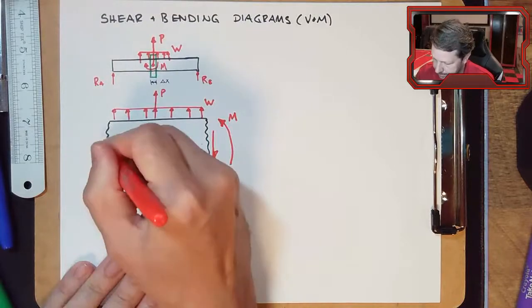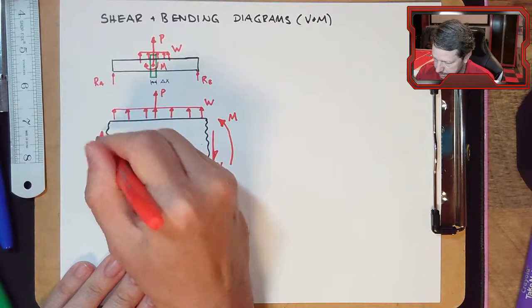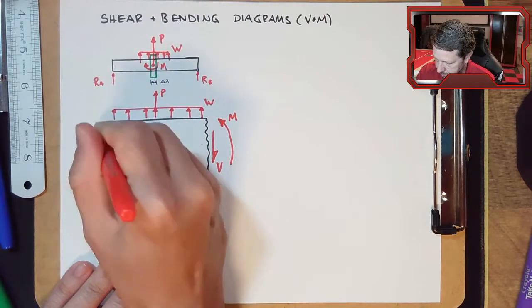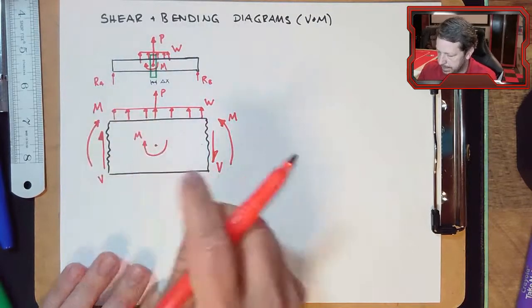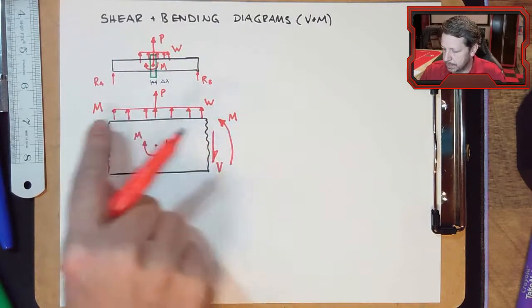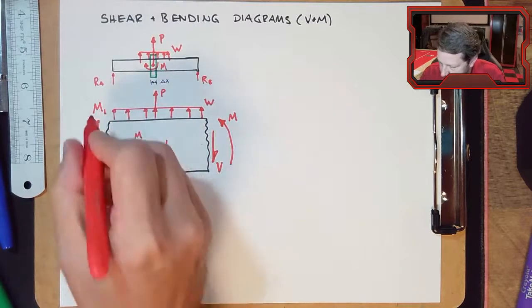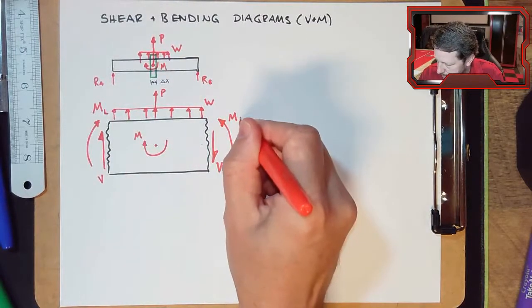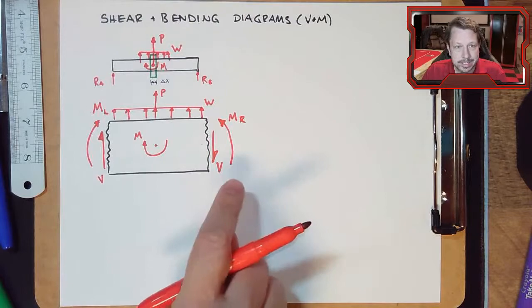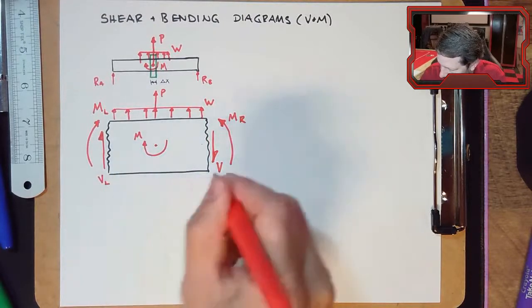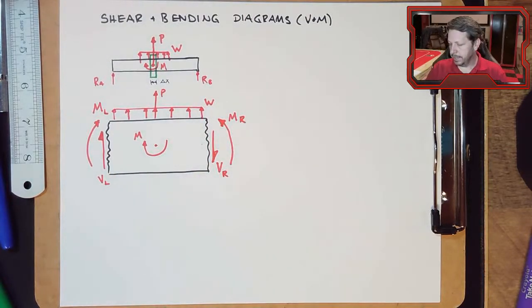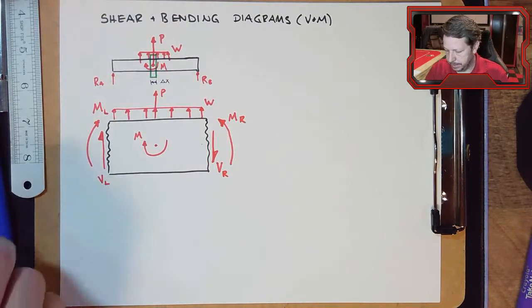And if we're looking at this side, we have to draw them in these orientations. Now, this bending moment is not the same as this one, so I'm going to label this one as the left-hand side, that's an L, and the right-hand side. Same thing with the shear force. They're not necessarily the same. So this will be the one on the left. This will be the one on the right. Let's label our delta x on here.